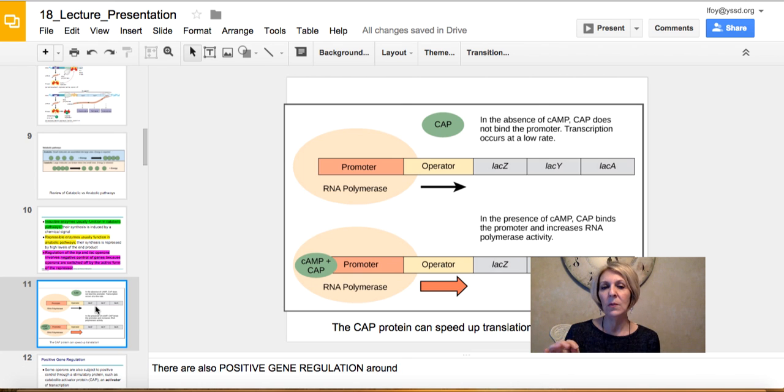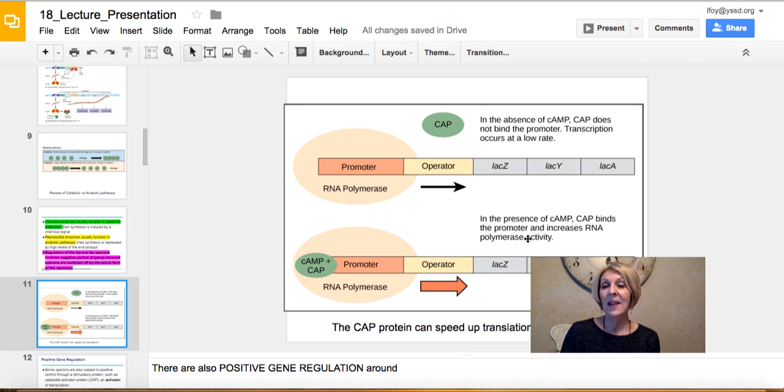As it turns out, we also have positive gene regulation. Now, in positive gene regulation, what happens is that we have this protein called CAP, which we'll talk more about in just a minute. If CAP is not activated, then RNA polymerase can fit on the promoter and there's nothing blocking the operator, and so it's going to go through transcription and then translation of these structural genes. But in the presence of cyclic AMP, that usually means that there is lots of cyclic AMP hanging around, and the cell is going to be in need of some ATP.